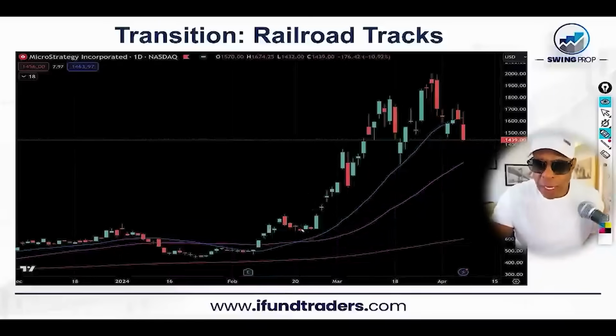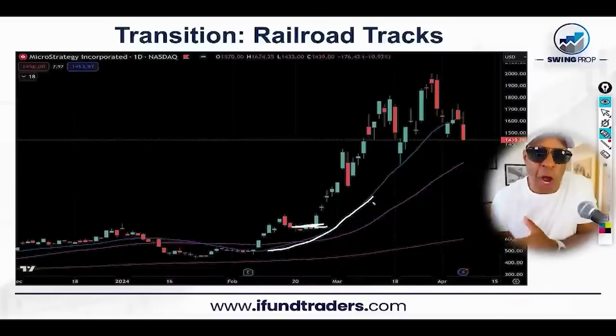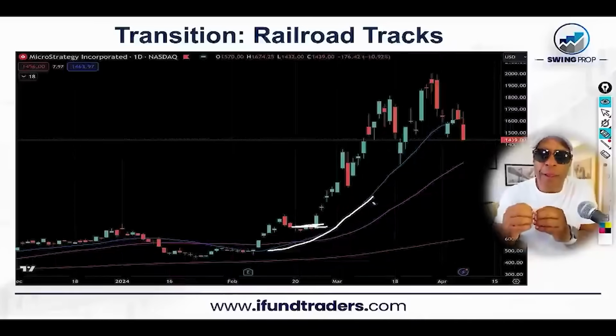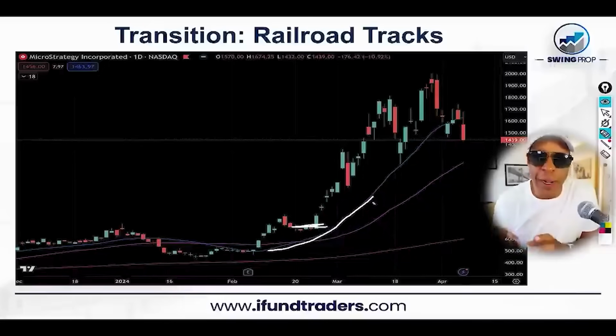If it halts and gives me a color change without breaking the 20, that's the starting point. You've got a high probability that this is the start of a brand new railroad track run in your play.